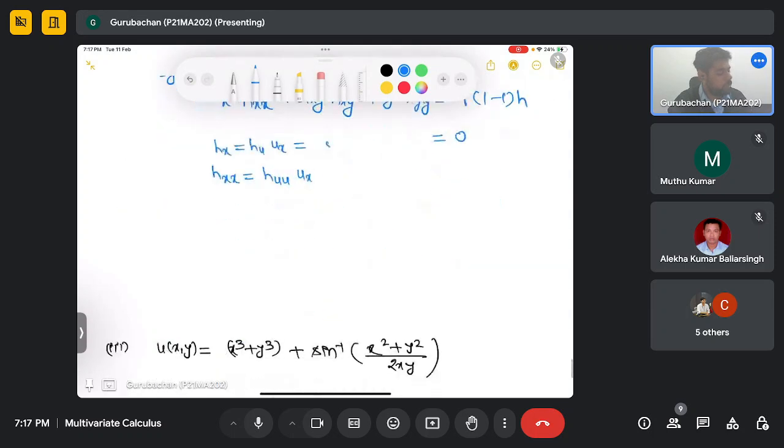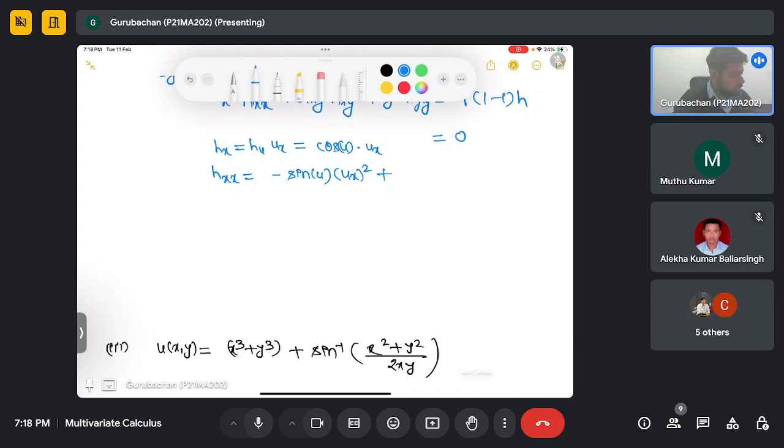So it will give us cos u into u_x. Now h_xx will be equal to, we need to differentiate this function with respect to u: minus sin u, and again u_x square, plus, what will be the other factor?